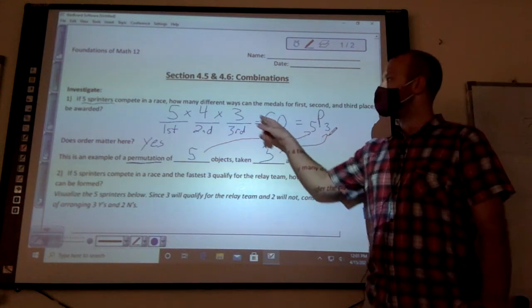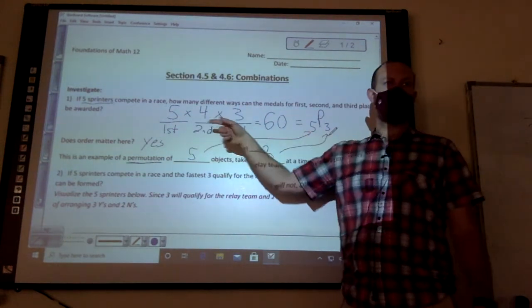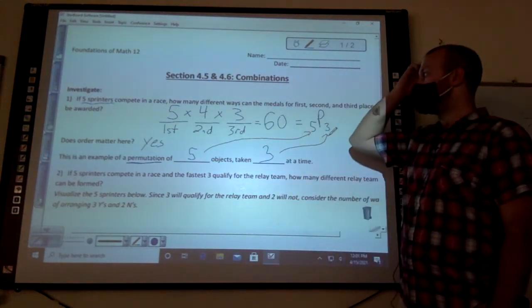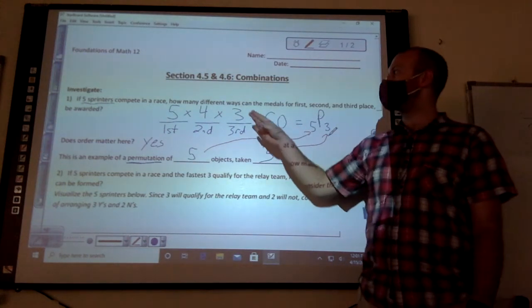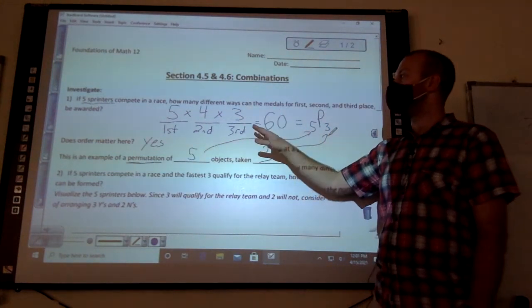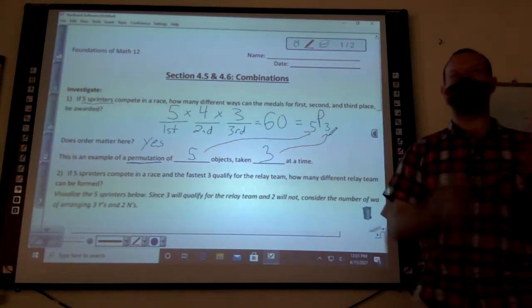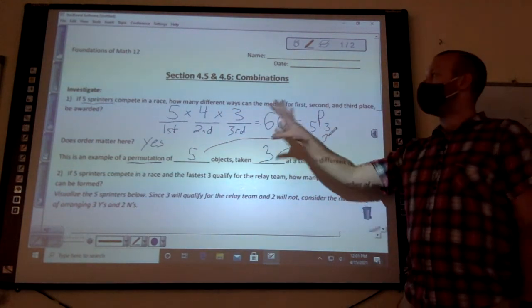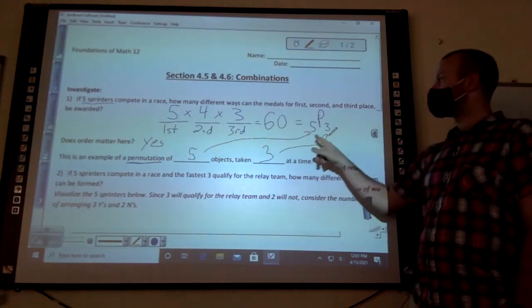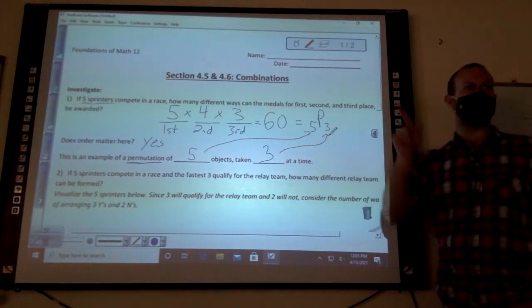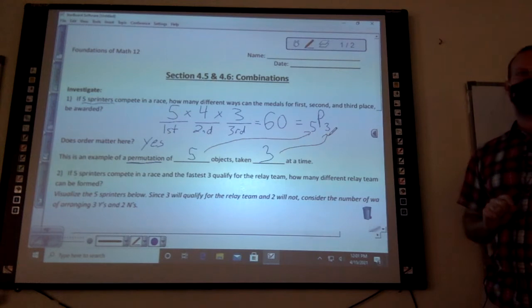So there's 2 ways you can solve it. You can either solve it this way, which, if I have, I don't know, 200 people and I want to know how they can be arranged from 1st till 50th, it'll take a lot to write out. So that's why this way is just quicker, because you can put this in the calculator.